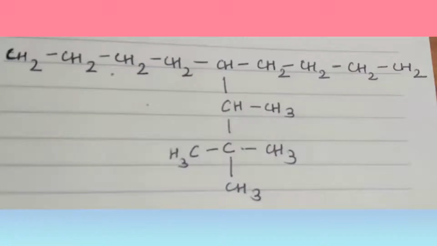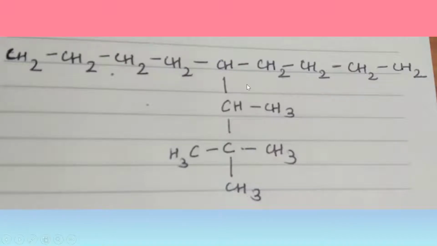Here, this example looks pretty complicated, but it's actually very simple. I would request you to also take this example down on paper and try to find out what the parent chain is. So going from left to right, let's count the number of carbon atoms in the longest chain. 1, 2, 3, 4, 5, 6, 7, 8, 9. So if I go in this order, the longest chain from left to right, that is a straight chain, has 9 carbons.